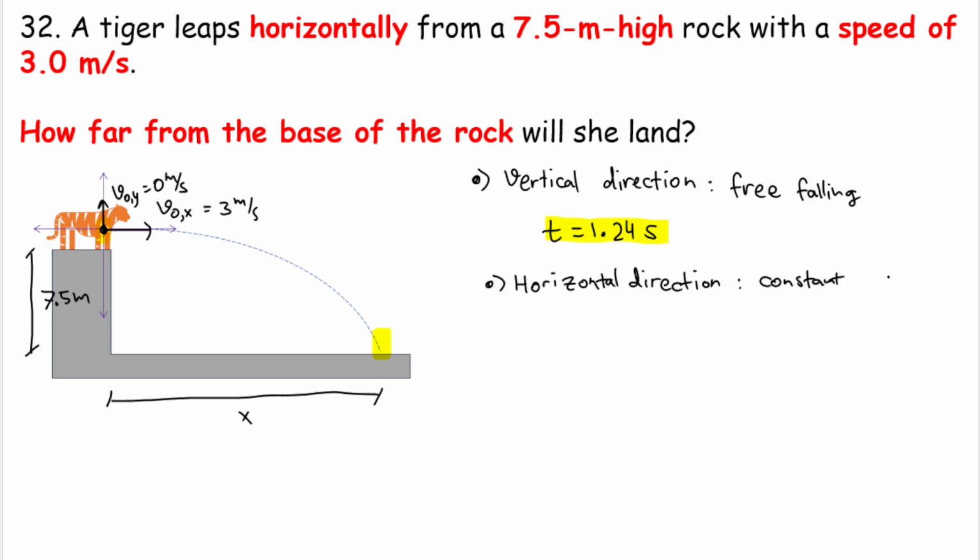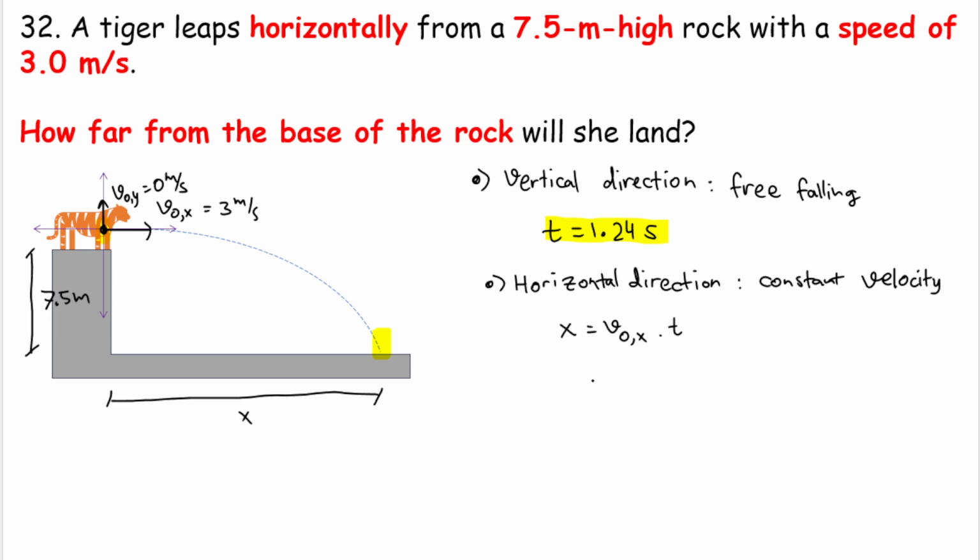Constant velocity with no acceleration in the horizontal direction. Good. And so we can just calculate x with this one, the speed in the x direction multiplied by time, right? Because the tiger gets here from here, it is the time 1.24.